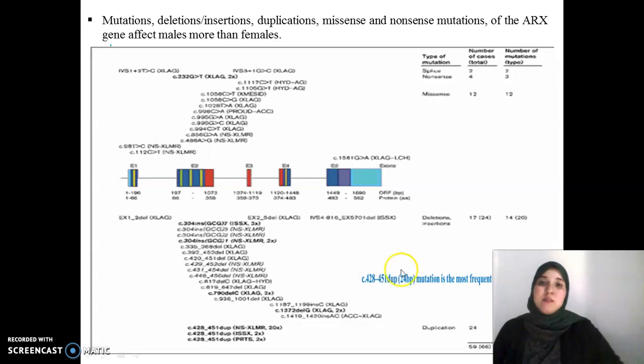There are deletions, insertions, missense mutations, and duplications of the ARX gene. More than 60% of ARX mutations expand the first and second polyalanine tracts. The 24 base pair duplication, 428-451, is the most recurrent, and it affects 1 in 12,000 males.